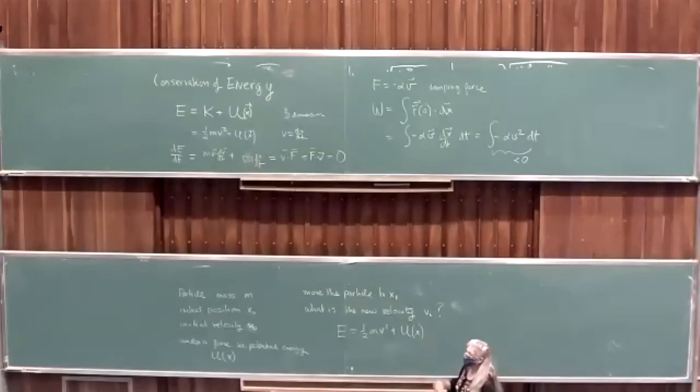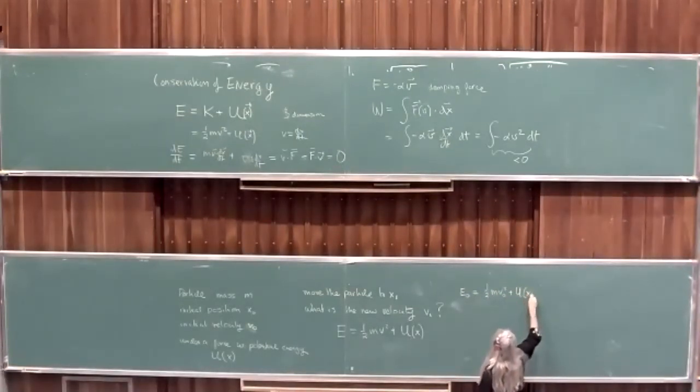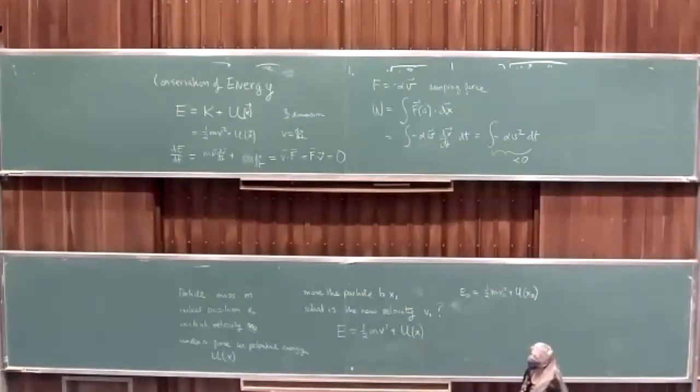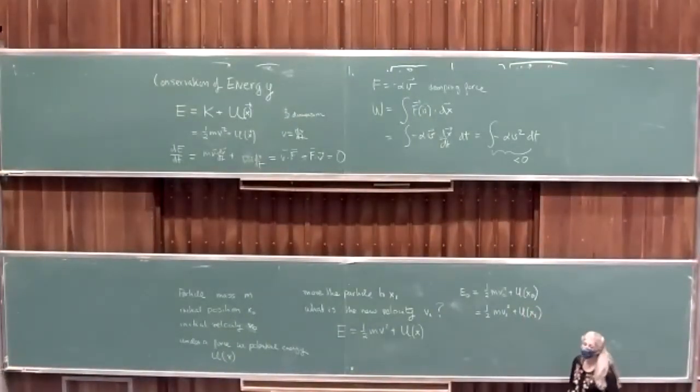So I can figure out what the initial energy is. This is the first initial position, so that's 1/2 m v0 squared plus U of x0, right? So that's the initial energy, and that should be equal to the final energy. The energy is conserved. So we'll just set it equal to the final energy. And now we can solve for V1.